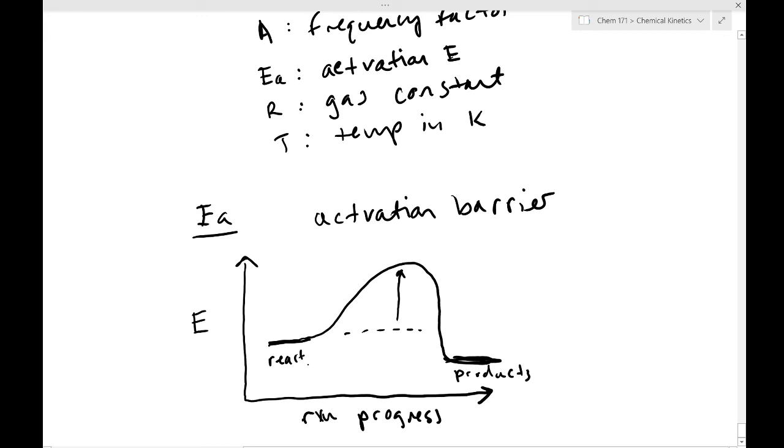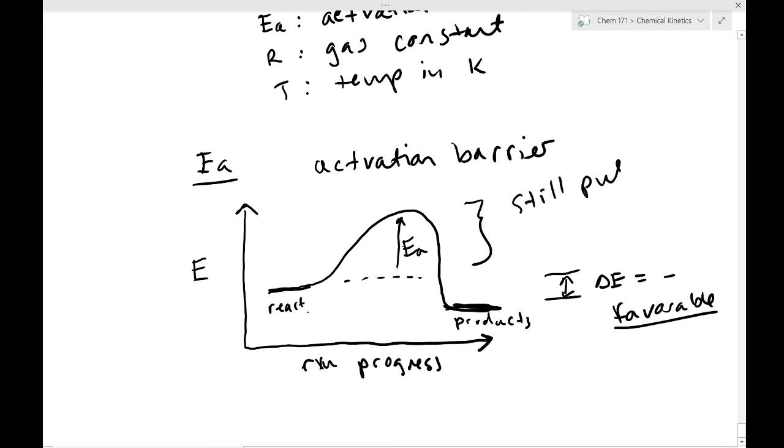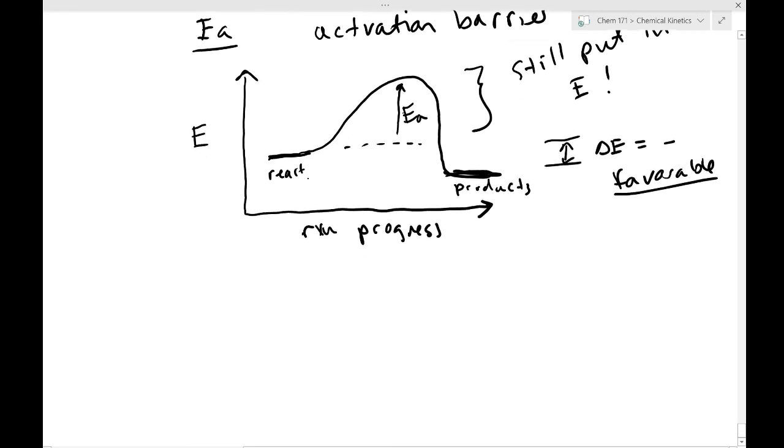And the final products will be lower energy than the initial reactants. This energy that you have to go up is called the activation energy. So even though delta E is negative, so it's favorable, you still have to put in some energy to get it to happen. Okay? And this is called the activation energy. So that's the Ea.